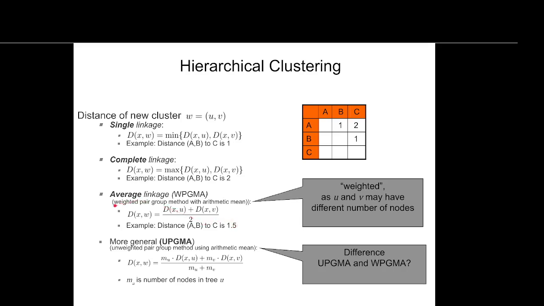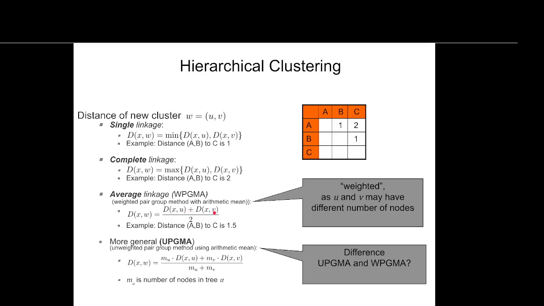Now, average linkage is called WPGMA, and that stands for Weighted Pair Group Method with Arithmetic Mean. So why is this called weighted when there are no weights? We just take those two values and average. Why is it called weighted? The reason is that those two trees, U and V, may have very different numbers of nodes.